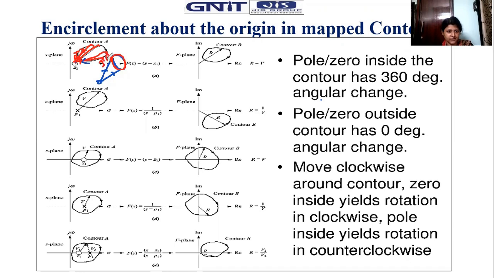So if Z1 is present just outside of that contour, let's imagine what will happen. We are plotting s minus Z1, so it is a phasor.